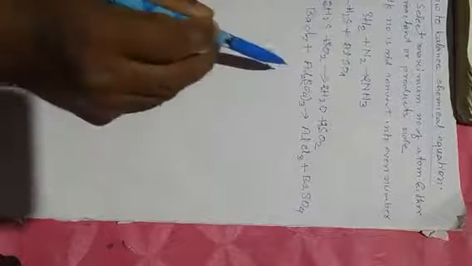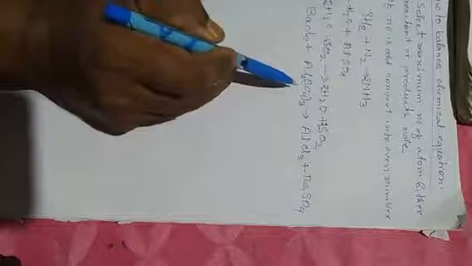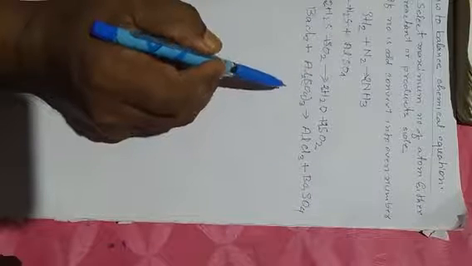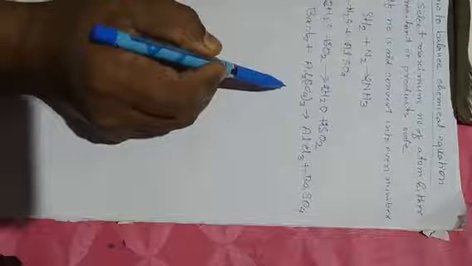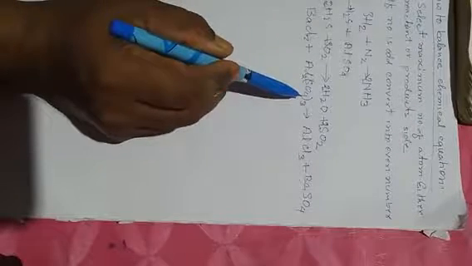So what is the maximum number, either on the reactant or product side? On the reactant side, oxygen is 3 times 4, which is 12. Oxygen is 12 and it is even.